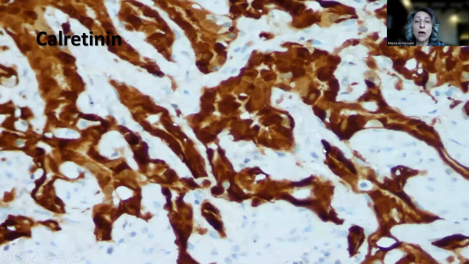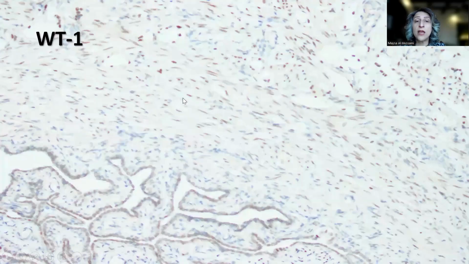Remember, on high power magnification, calretinin positivity should show both cytoplasmic and nuclear positivity in the presence of negative background. Calretinin is positive in mesothelial cells, and adenomatoid tumors trace their origin back to mesothelial cells. So this would be consistent with or supportive of the diagnosis.